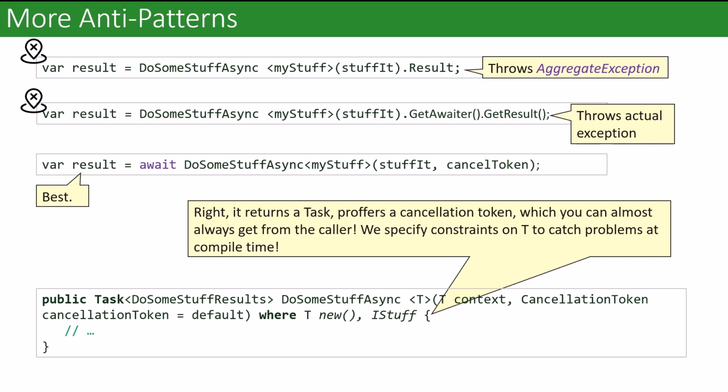We're saying that this thing is newable and that the thing we're passing implements IStuff. And that way DoSomeStuffAsync will cast it to IStuff, and then it knows that IStuff has certain members and certain operations, and it can go ahead and happily process whatever you passed, as long as T implements IStuff and it is newable. It supports an empty constructor without argument.